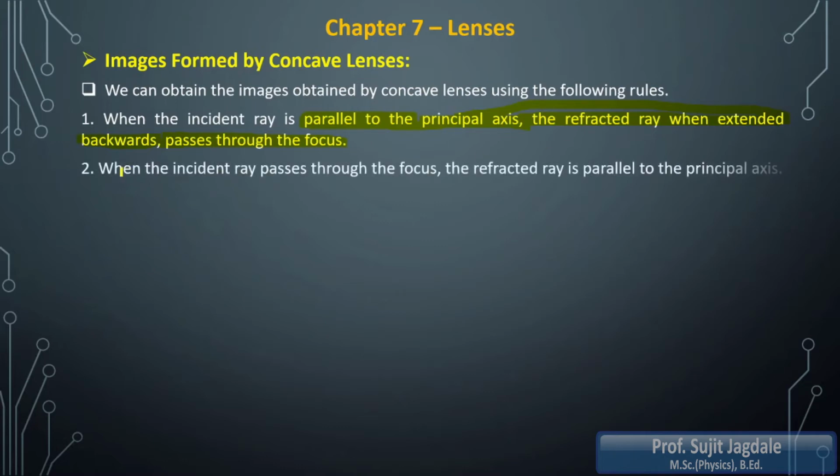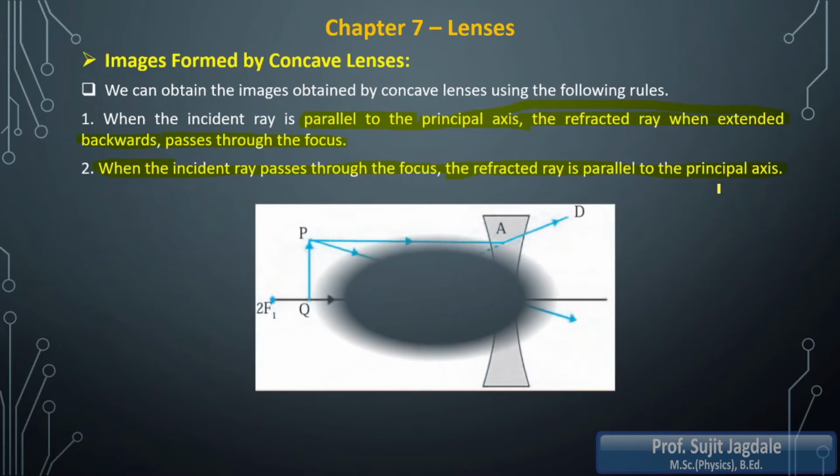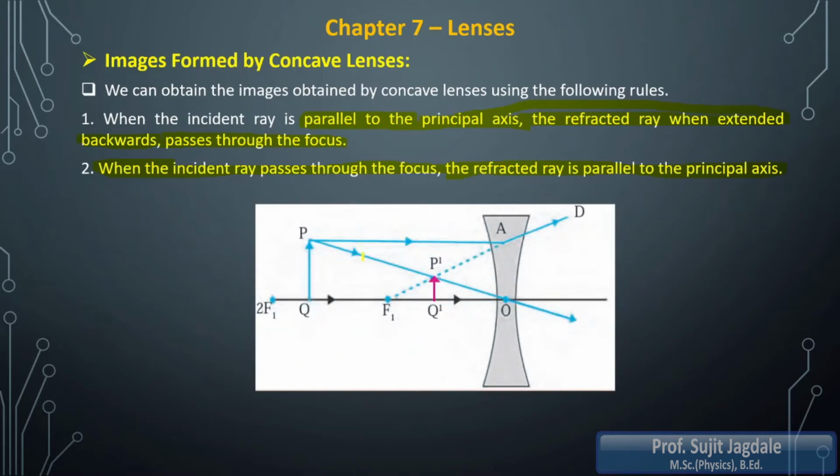Then, when the incident ray passes through the focus, the refracted ray is parallel to the principal axis. It is quite similar to the convex lens. This is the second rule. Here you can see both rules shown in the diagram.